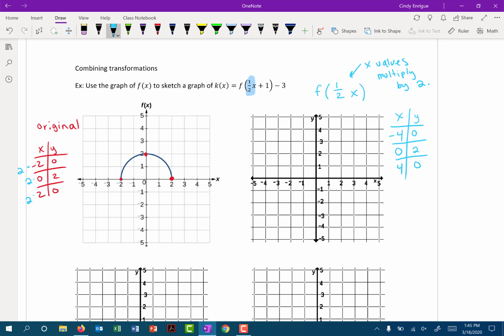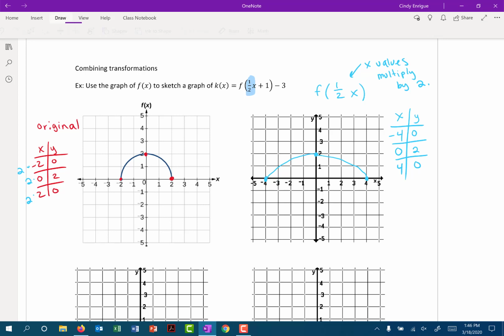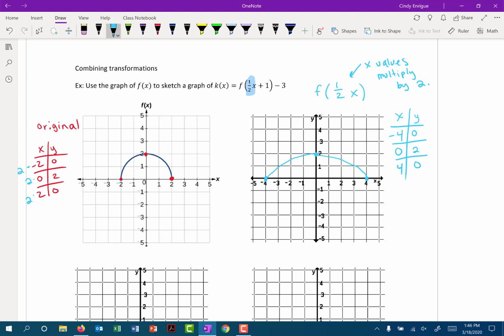So, okay, now I have -4, 0, 0, 2, and 4, 0. So now I can see that my graph kind of got stretched out. Now it's a little bit fatter than I thought it was going to be. And that's fine. We're just doing this very slowly.